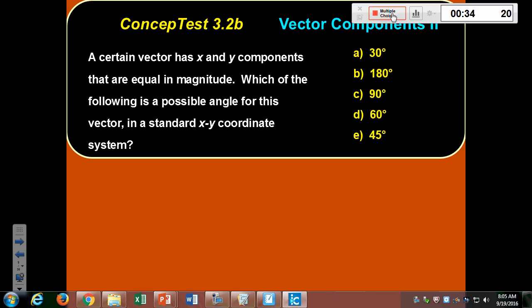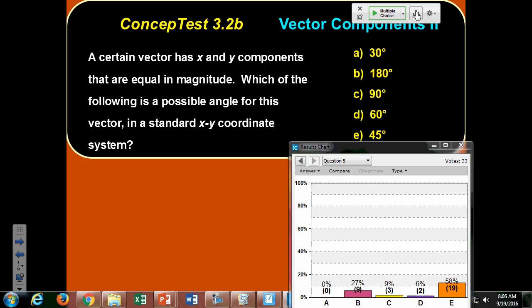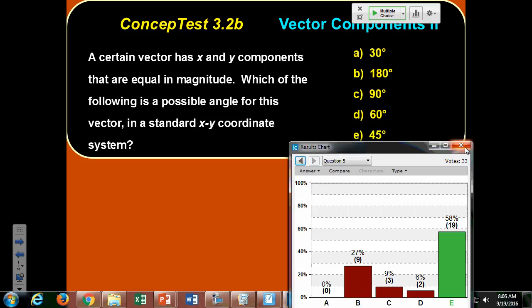All right, we're going to stop at 45. Okay, let's see. A lot of you put B. The right answer is E. What was B? 180?